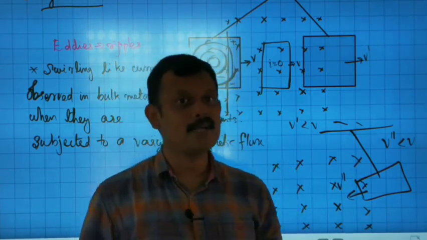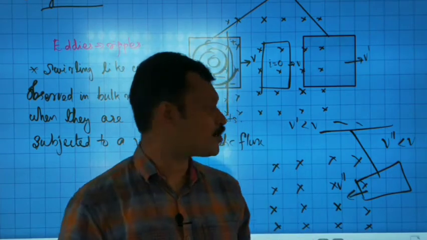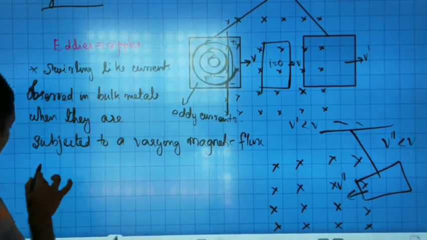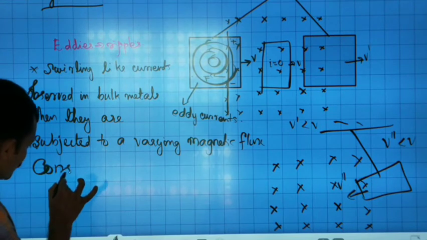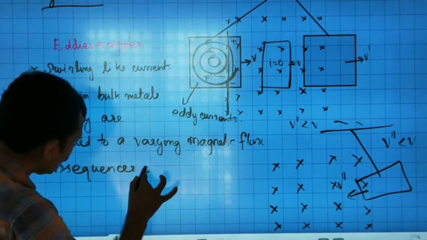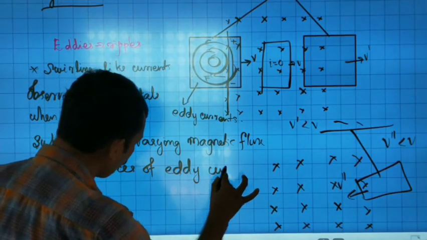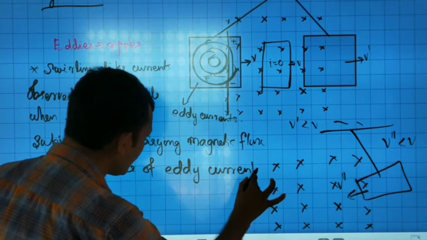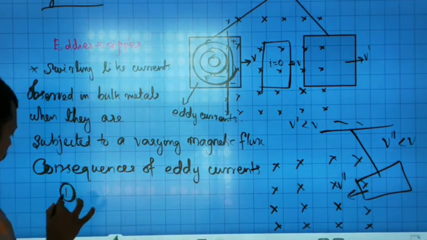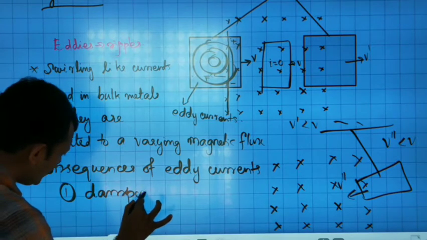That is one of the important consequences of eddy currents. Coming to the consequences of eddy currents, I will say the first and most important consequence of eddy currents is that eddy currents produce damping.